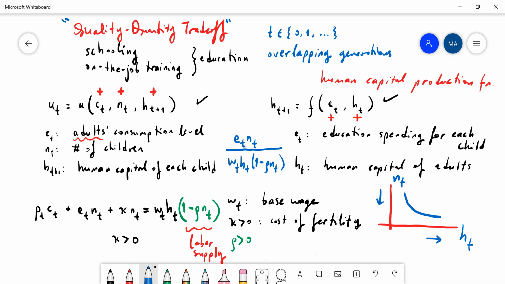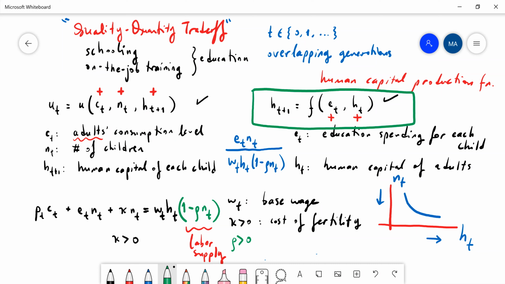So this type of model is rather successful in explaining fertility transition, but also of course how human capital is accumulated. All right. So the key thing, of course, is this technology of human capital production.